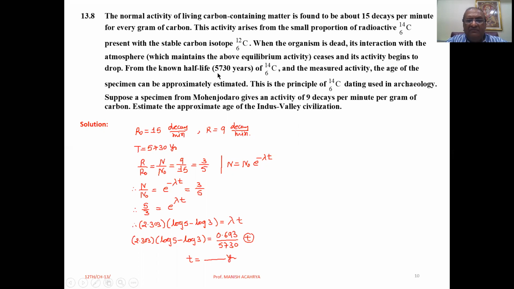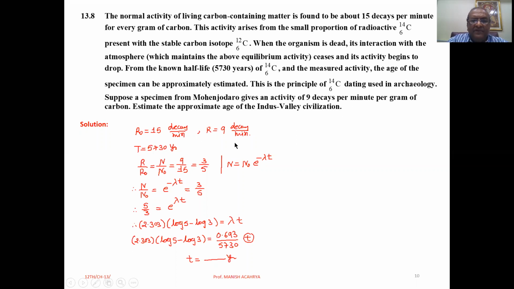From the known half-life 5730 years of 6C14 and the measured activity, the age of the specimen can be approximately estimated. This is the principle of 6C14 dating, known as the carbon dating process, used in archaeology. Suppose a specimen from Mohenjo-daro gives an activity of 9 decays per minute per gram of carbon, then estimate the approximate age of the Indus Valley civilization.